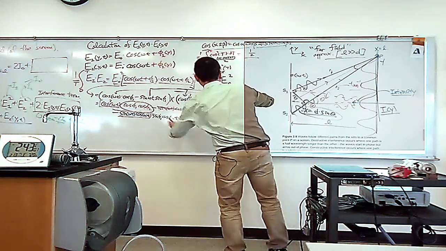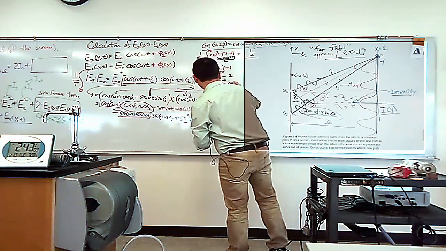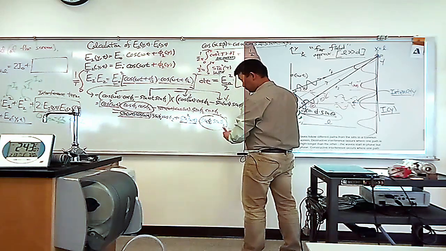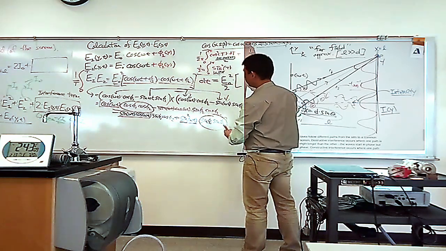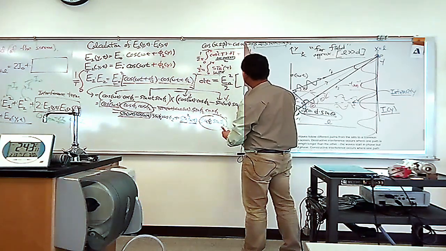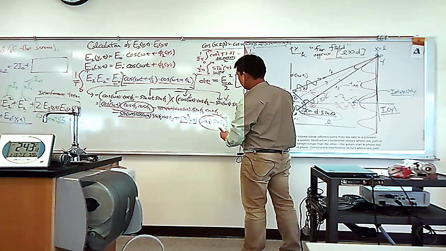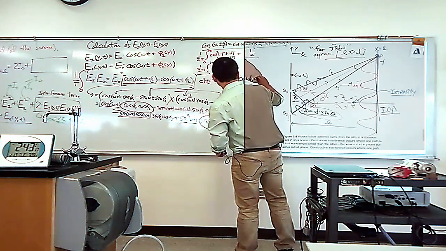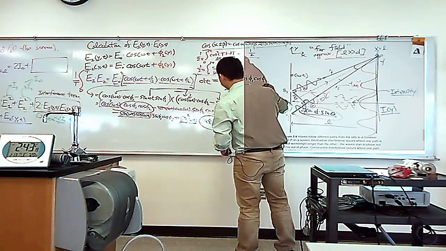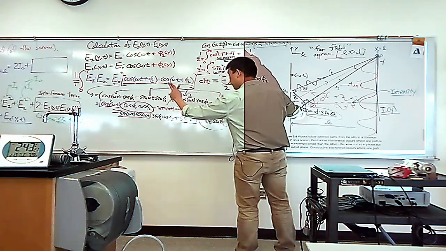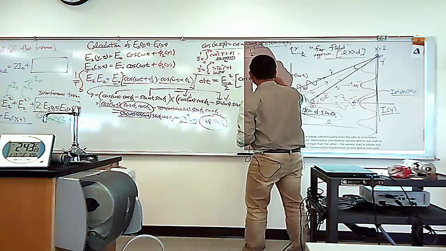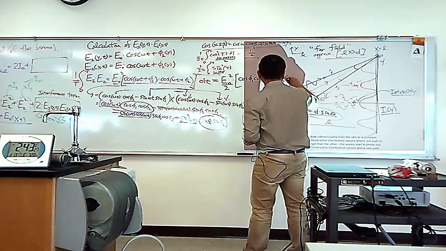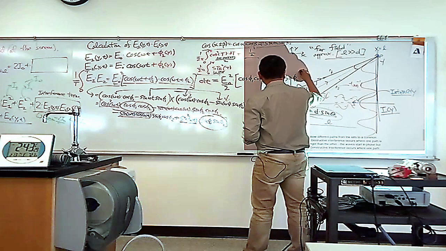You have E naught squared divided by 2 times... I feel like I missed something. Yeah, let's keep going. Cosine of phi1, cosine of phi2, plus sine of phi1 times sine of phi2.